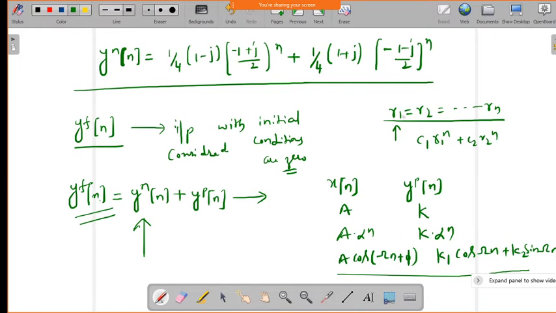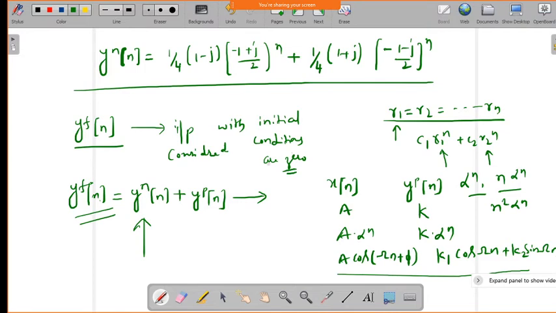If R1 and R2 are the same, the natural response takes alpha power n and n into alpha power n, so for the particular solution you have to take n square into alpha power n. So this is about the forced response.